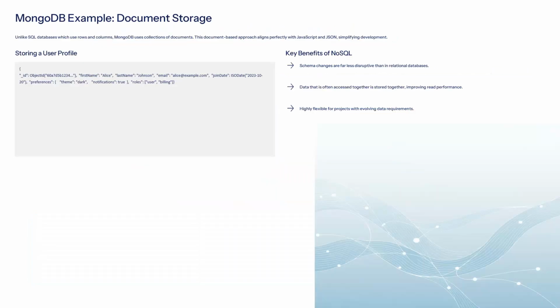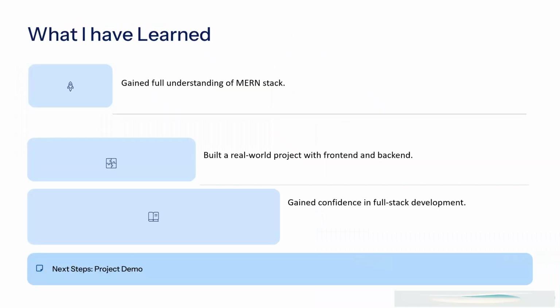Now here we have an example of MongoDB. The key benefit of NoSQL is that schema changes are far less disruptive than in relational databases, and it is highly flexible for objects with evolving data requirements.